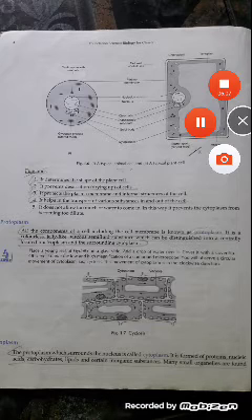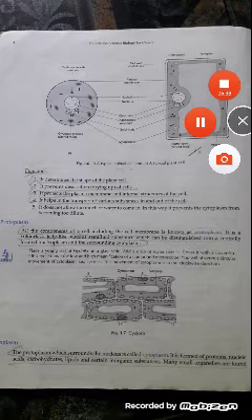Each organelle is membrane bound. Some of these organelles are visible only under an electron microscope. The important cytoplasmic organelles are now discussed one after another.